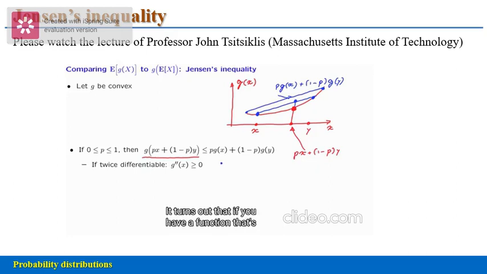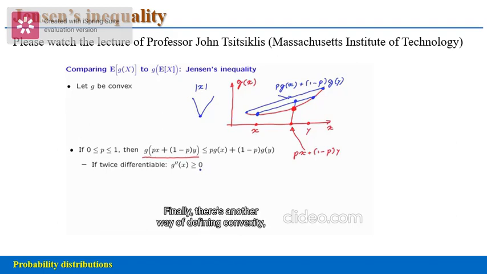It turns out that if you have a function that's twice differentiable, these two definitions are equivalent. On the other hand, the first definition is a little more general because it also applies to functions that are not smooth. So, for example, the function absolute value of x is a convex one, but it's not differentiable at 0.